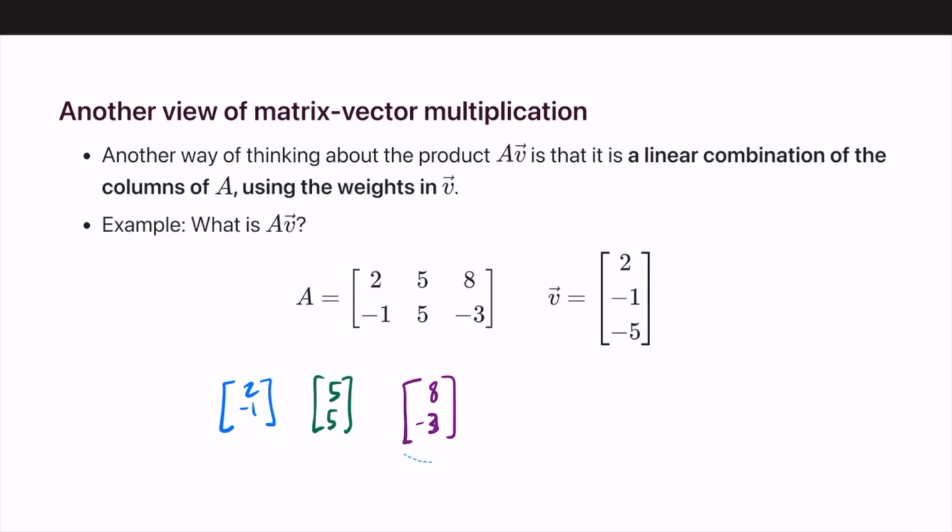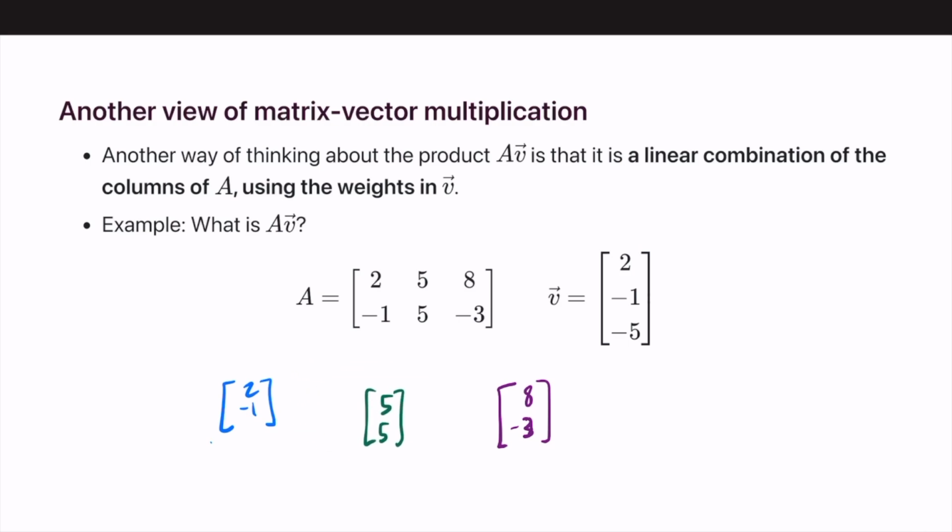And let me move this to give us a little more room, because I'll wind up doing the operations in here. Okay, so those are the 3 column vectors that are smushed together.